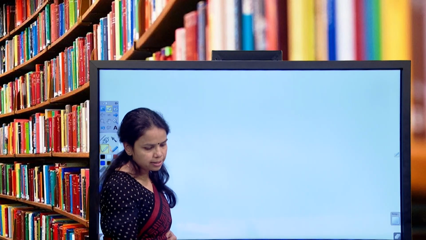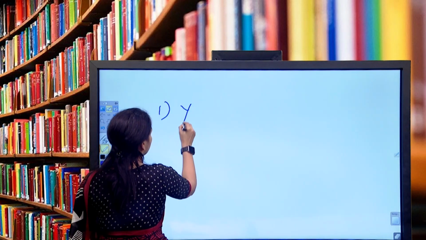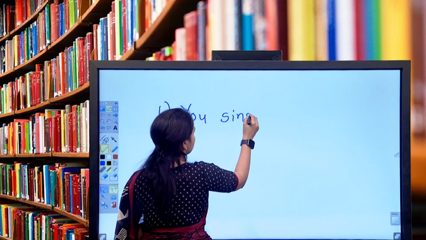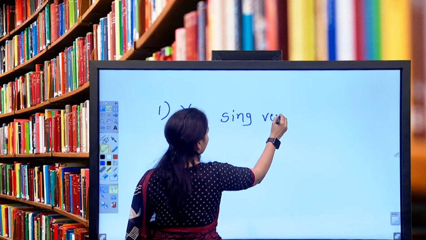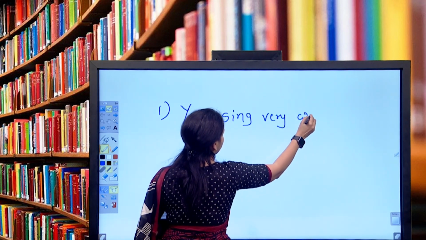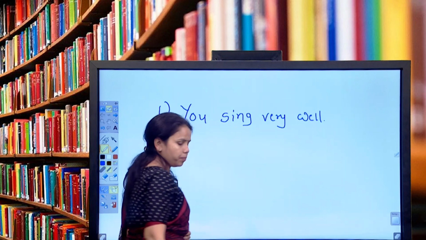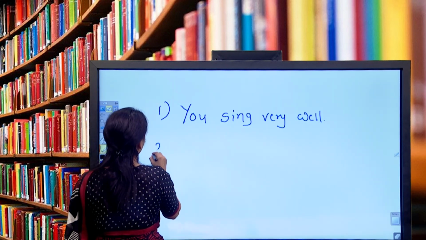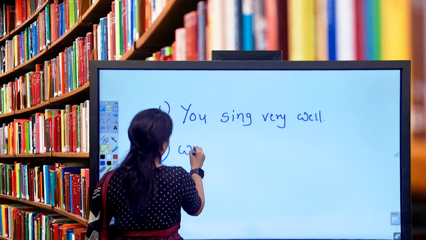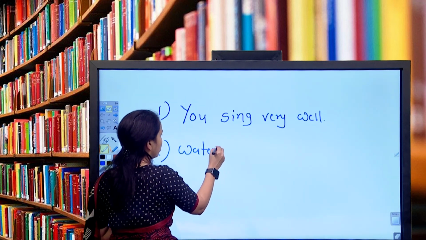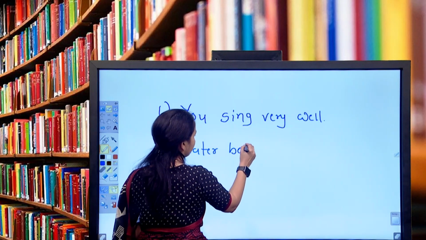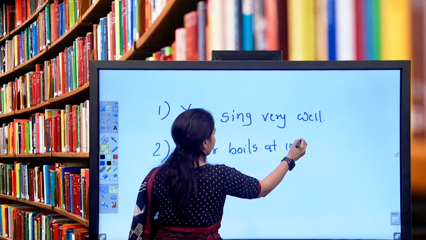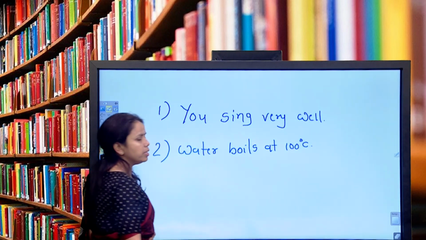The first sentence is: you sing very well. The second sentence is: water boils at 100 Celsius.